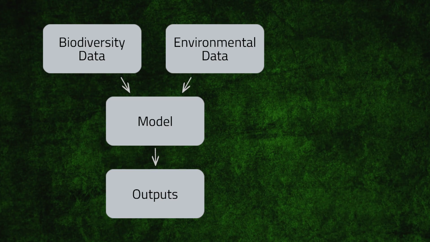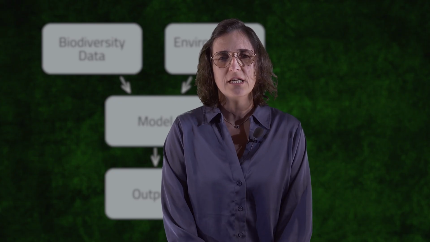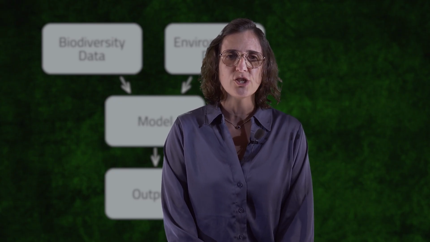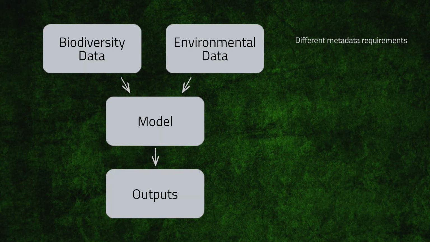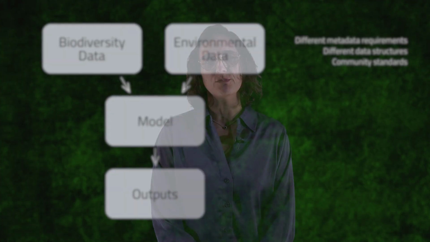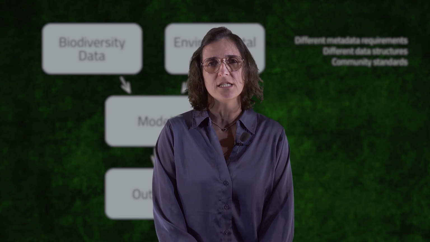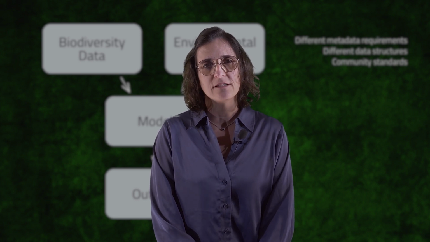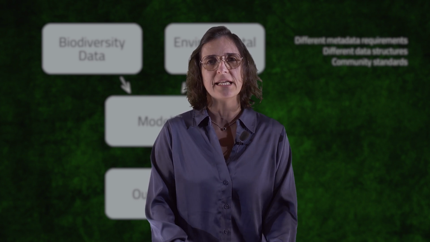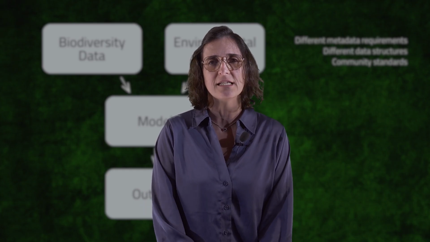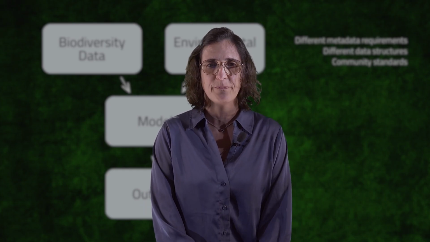So what are the challenges that are associated with making these biodiversity digital twins FAIR? If we're collecting information from different data sources, then these may have different data structures and different metadata requirements. And these may follow even different community standards. So there may be the need to map these standards and requirements so that they can all be communicated in a similar, understandable language.